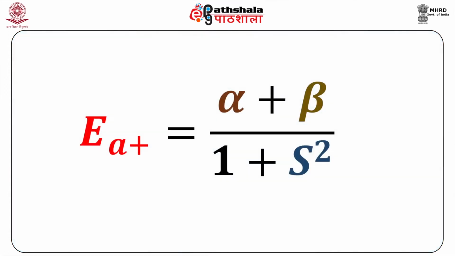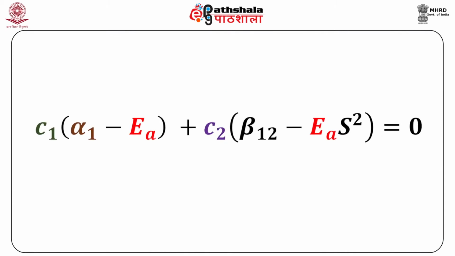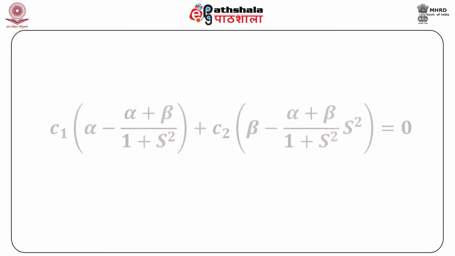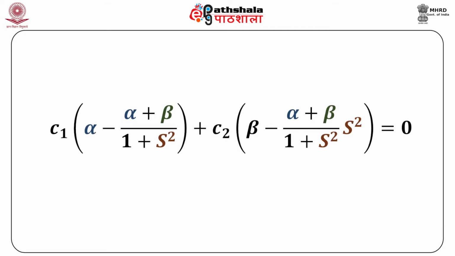If we substitute the equation for Ea plus in our equation A, we get the following: C1 into bracket alpha 1 minus alpha plus beta upon 1 plus S square bracket closed, plus C2 into bracket beta minus alpha plus beta upon 1 plus S square bracket closed is equal to 0.